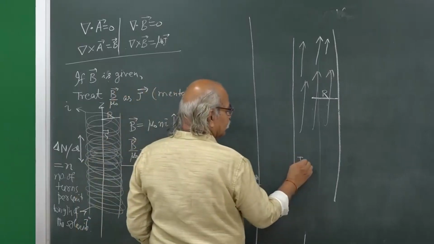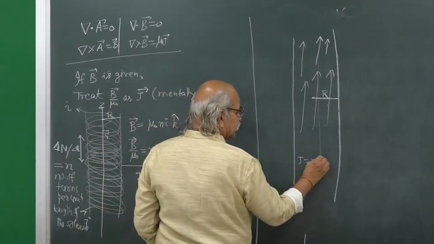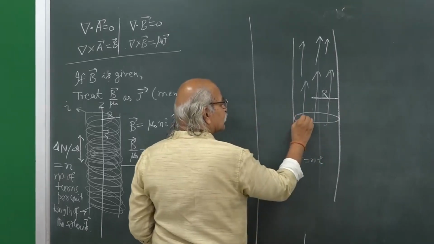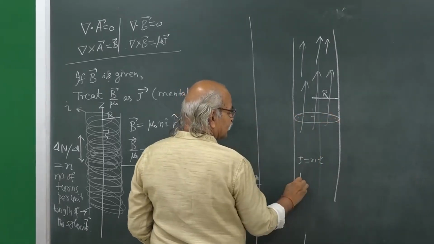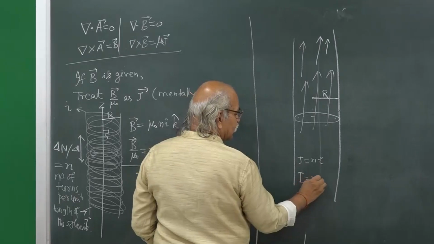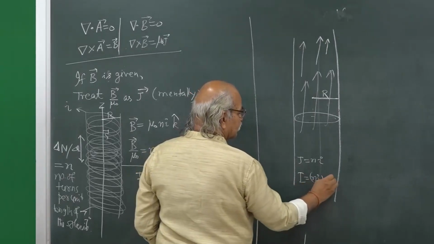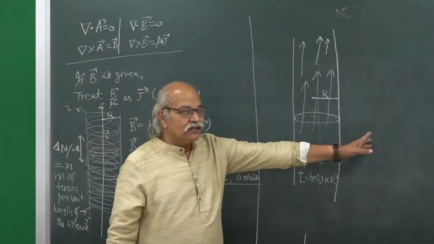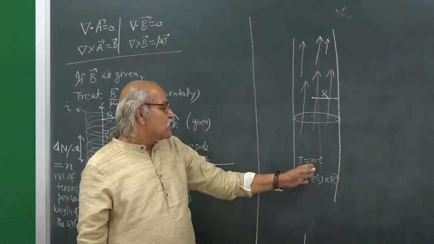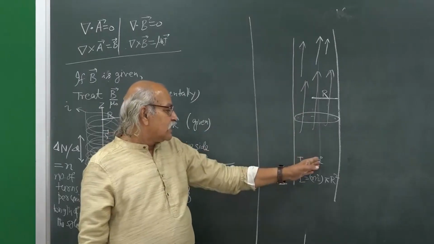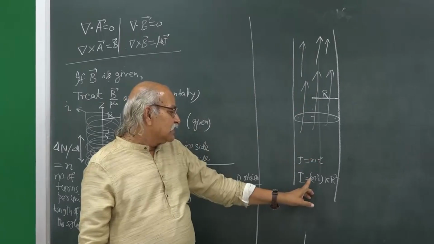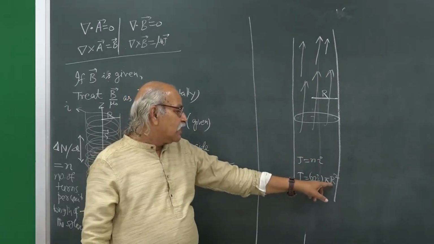That means if I ask what is the total current crossing this, the total current will be Ni into pi r square. And nothing outside, no current outside. Inside you have a constant current density Ni in k cap direction. Total current, if I ask, will be just Ni pi r square.